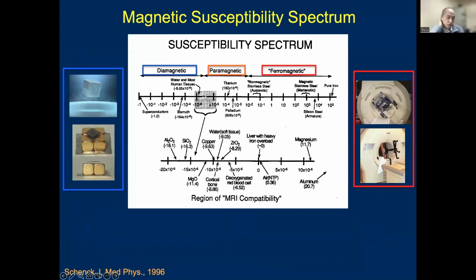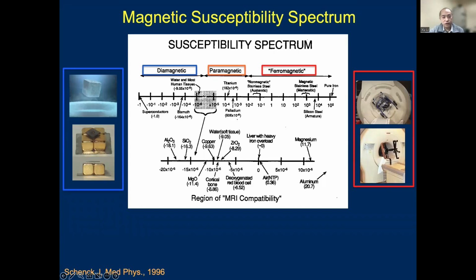So this slide shows a full magnetic susceptibility spectrum. On the left, you have the diamagnetic materials, and an interesting phenomenon you can see here is that these diamagnetic materials can create diamagnetic levitation, which means the induced internal magnetic field opposing the external magnetic field is strong enough to counterbalance gravity.